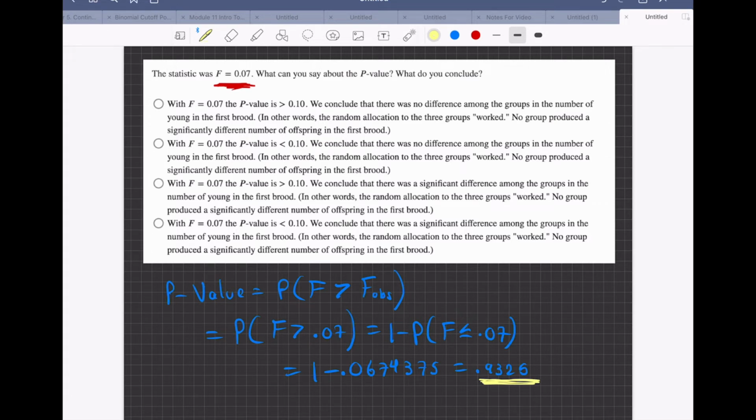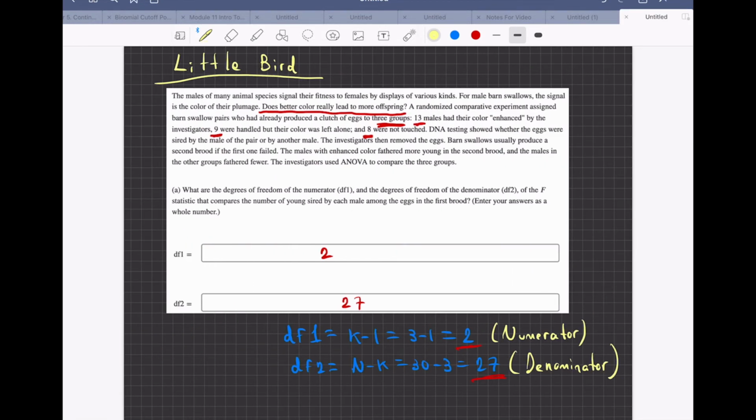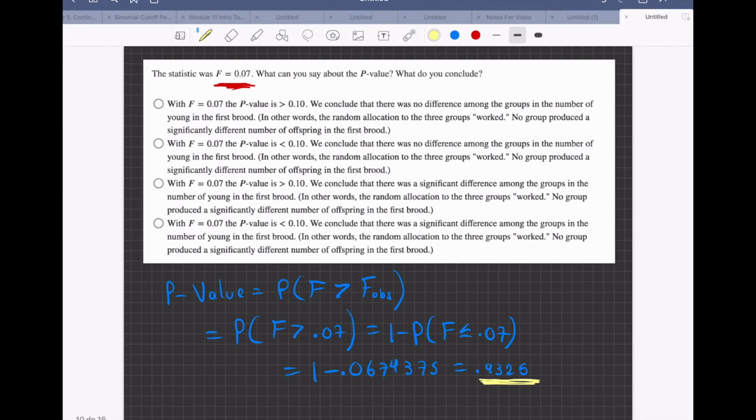And then, do we reject the null hypothesis or not? It doesn't say the level of significance, right? So remember, if it doesn't say, use alpha equal to 0.05. With alpha equal to 0.05, what is the right option? I think it's the first one.